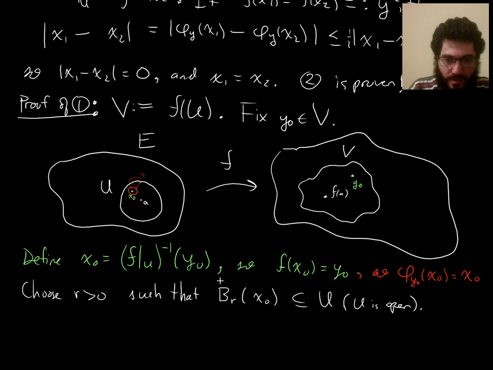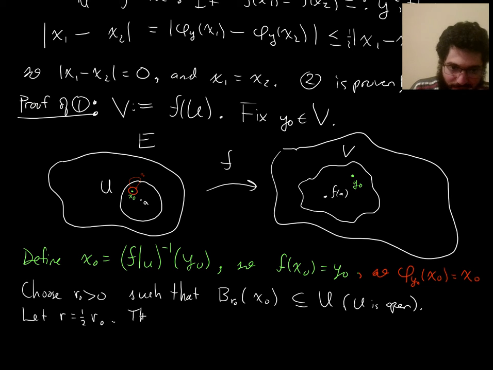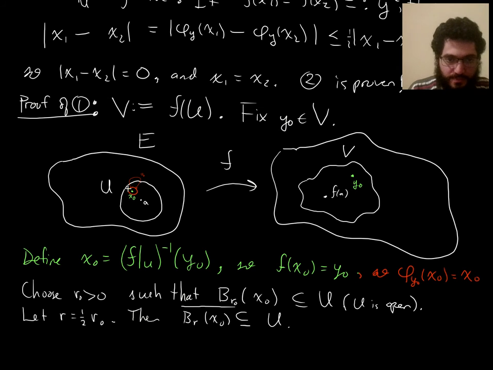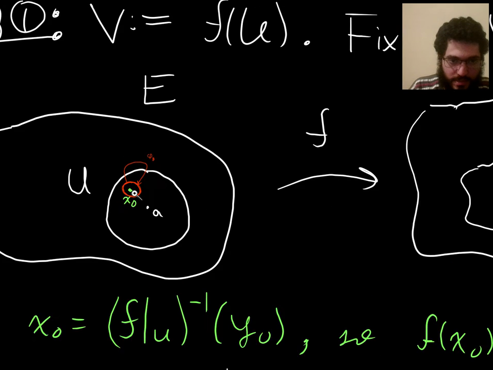Okay, but this is not good enough. I actually want the closure of this thing to be inside U, and that means I might need a smaller radius. So let me call this R naught, and then let R be half of R naught. Then not only is the ball of radius R inside U, but so is its closure. So R will be the radius here.